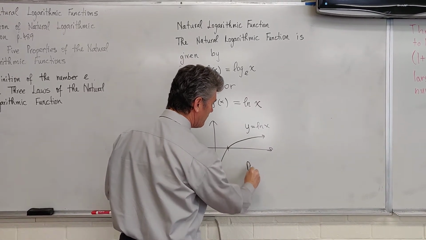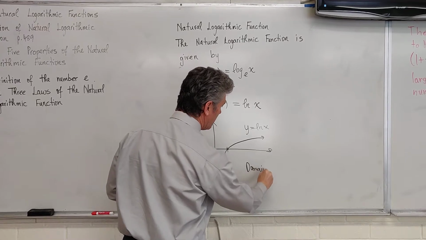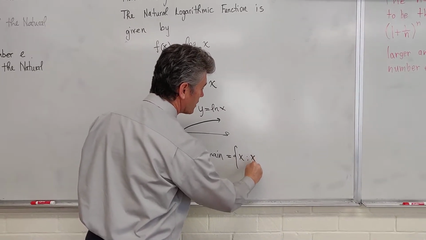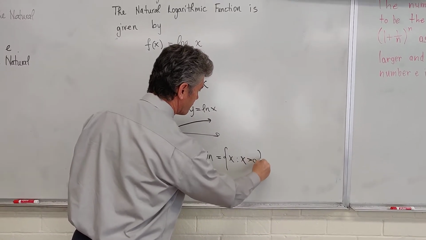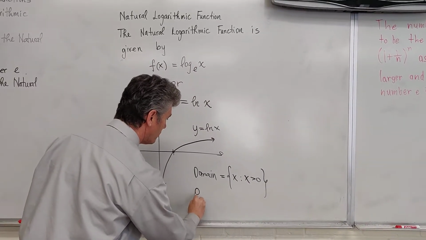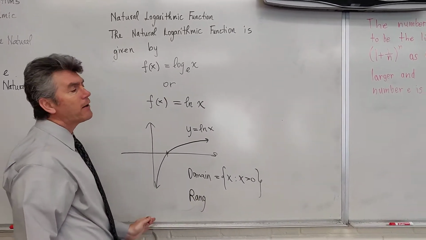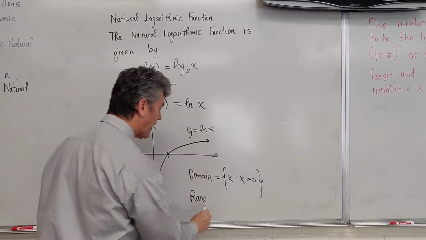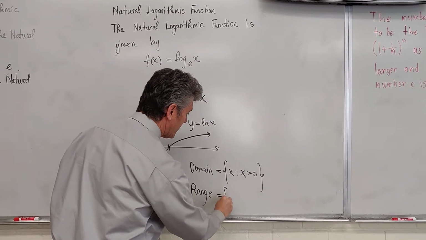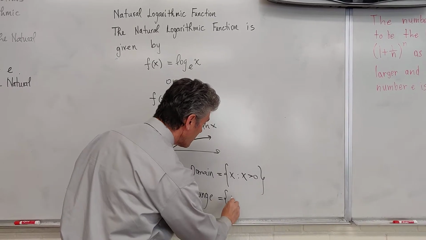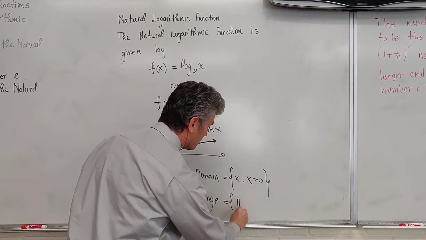Its domain will consist of real numbers that are positive, and its range, as you can see from here, goes all the way down to negative infinity and all the way up to positive infinity. Its range is all real numbers.